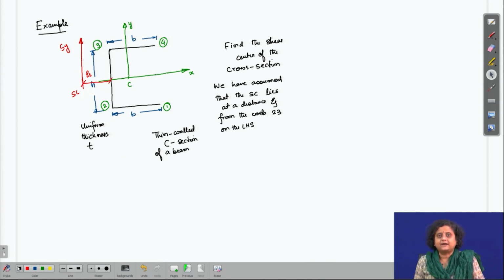So, let us understand why, if a shear force passes through the shear center, there would be no resultant torsional moment in the plane of the cross section.